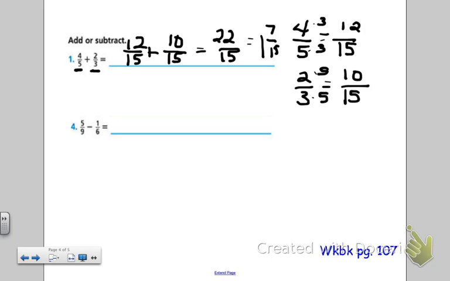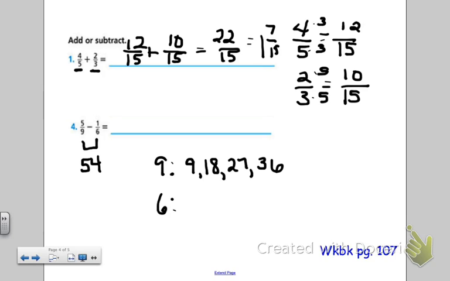Now for number 4, I could do the same thing. I could multiply 9 times 6 and use 54 as my common denominator. Or maybe I want to list out all the multiples of 9 and 6. Let's see, for 9 I have 9, 18, 27, 36.